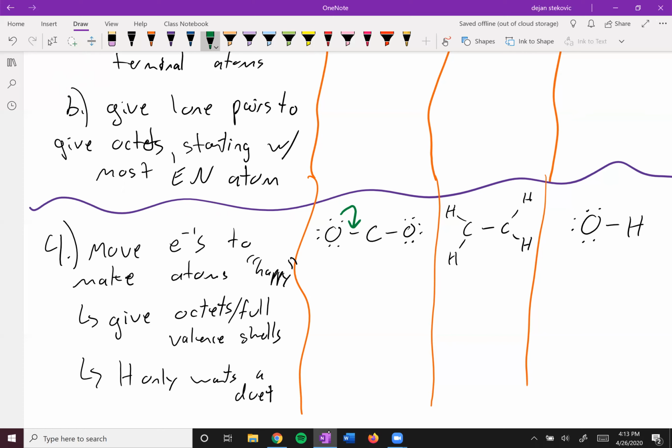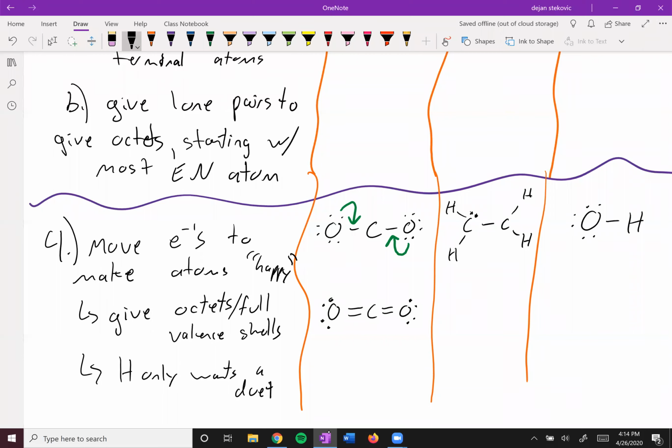That's only 6 electrons. That's still not an octet. So we need to move one more lone pair. So I'm going to move it from this other oxygen, which is the correct decision. Later on, we'll learn why not to pull it from this oxygen. So when I go ahead and do that, now I have a double bond here and a double bond here. Think about it: those lone pairs went into the bond, so they're no longer on the oxygen. And so my molecule looks something like that. And so all of the elements here have a filled octet, both of the oxygens and the carbon.